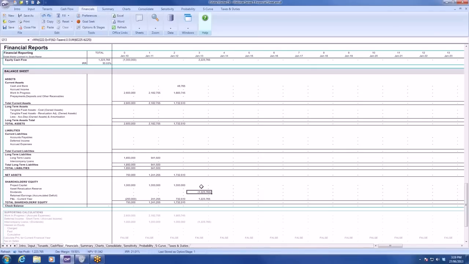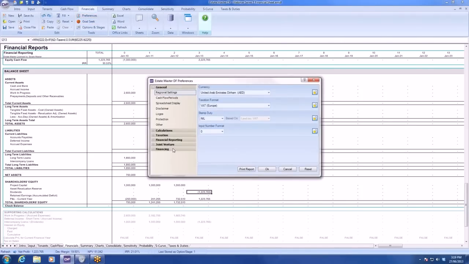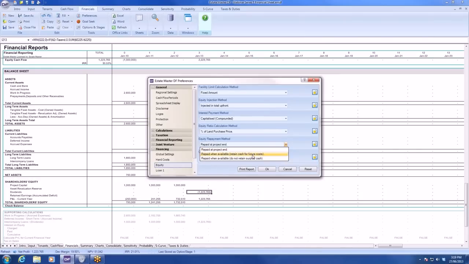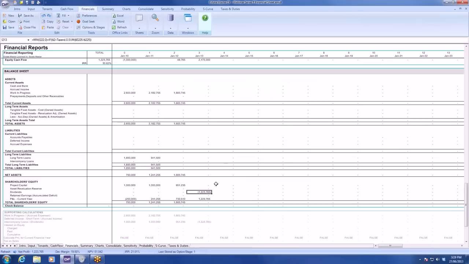We can actually change that dividend policy, and that is in the financing section. We can change that, instead of being paid at the project end, to make it available when available. And in that particular case, it will appear that we still are not able to pay out the surplus until the end.